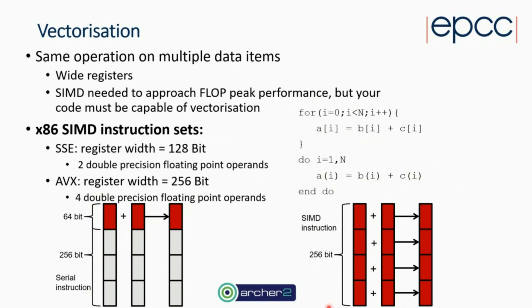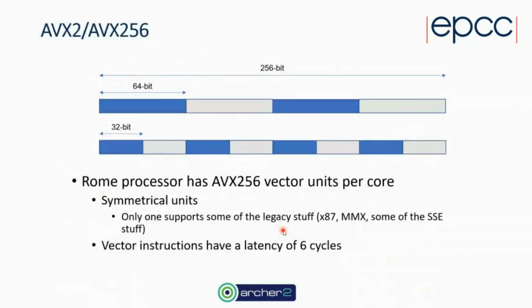And that means you can do, in this case, 4 things at once. The AMD processor we're using has 256-bit vector units, but there are multiple of them on a single processor, so we can actually do 8 things at once if we're amenable to it.